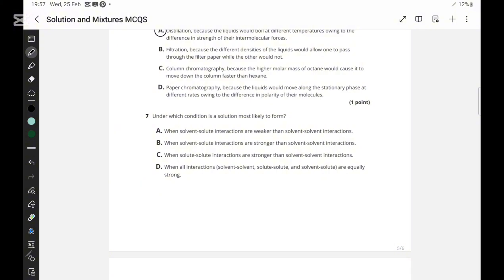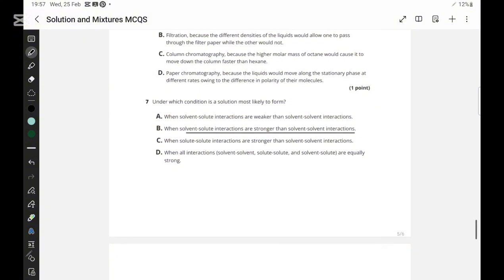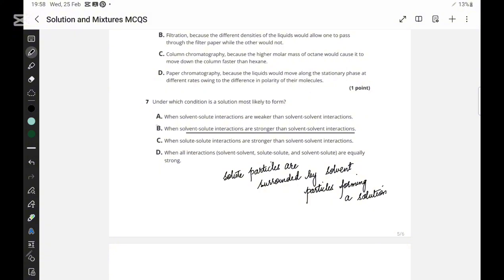So when you see option B, when solvent-solute interactions are stronger than solvent-solvent interactions, only in this condition is a solution likely to form, because in this condition the solute particles are surrounded by solvent particles, forming a solution. So our option is going to be B.